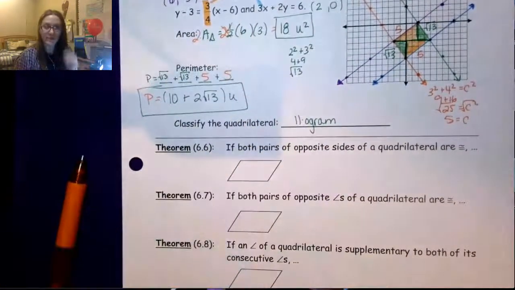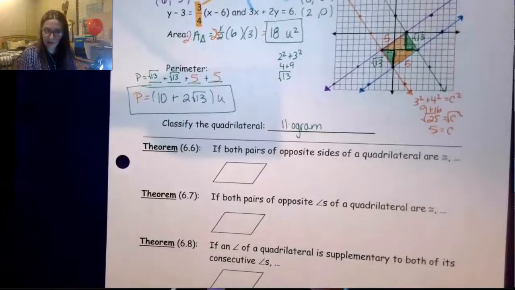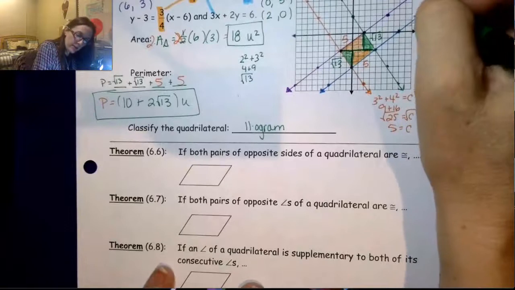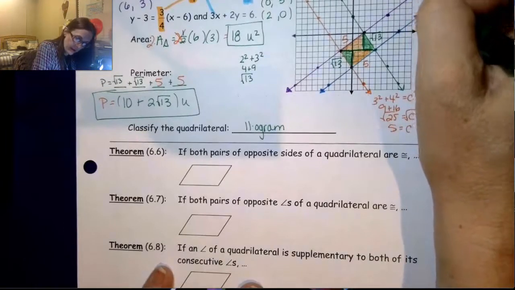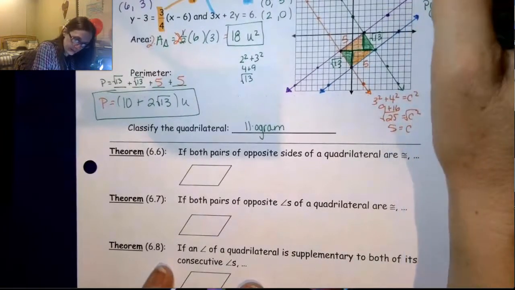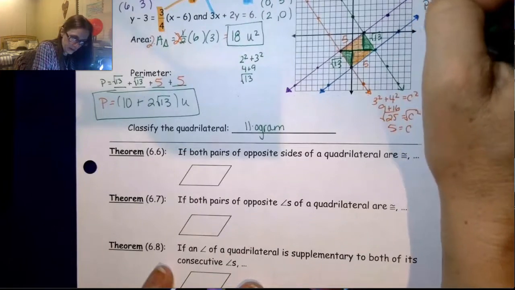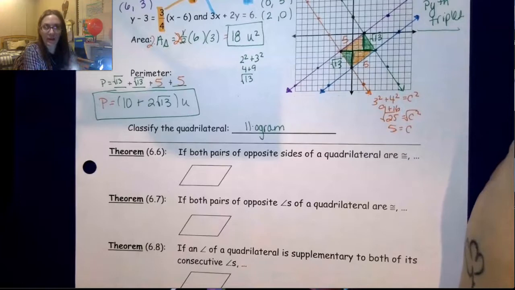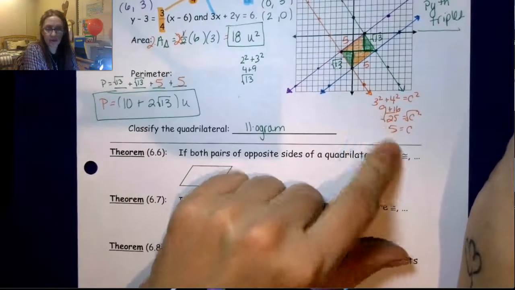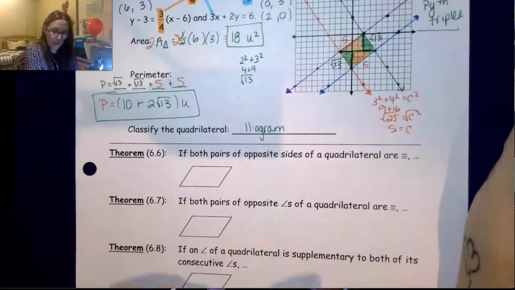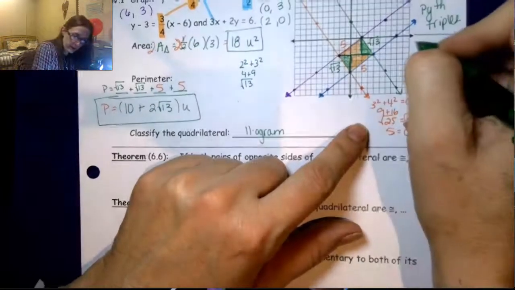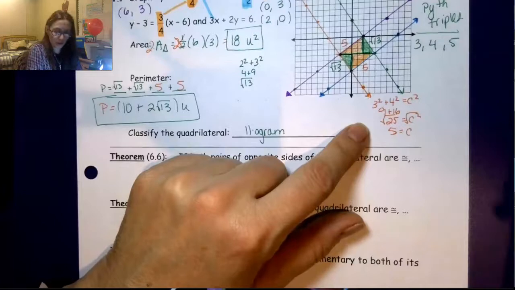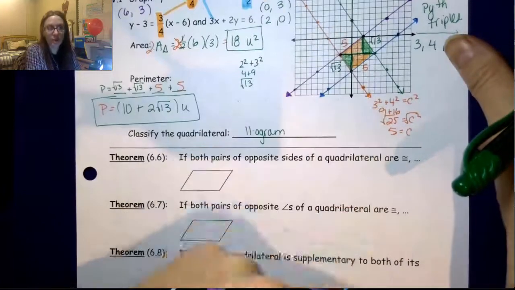One thing I do want to point out, I don't know if it's been mentioned yet this year, is that there are numbers called Pythagorean triples. When you have a Pythagorean triple, it's really nice because you can recognize it and answer right away without doing the Pythagorean theorem. Our most common Pythagorean triple is 3, 4, 5. Every time you know it's 3, 4, you know immediately it's going to be 5.